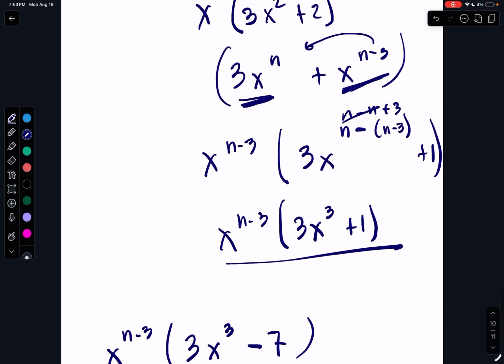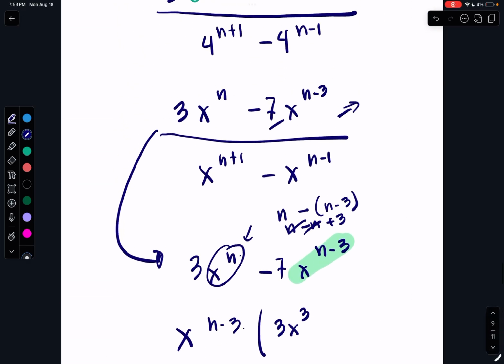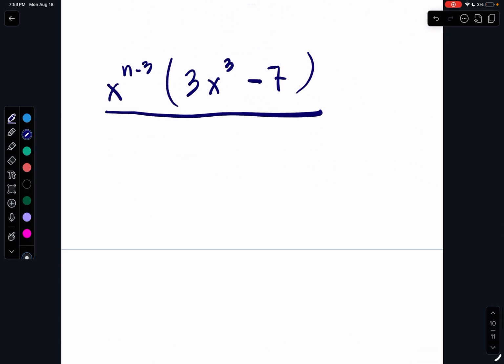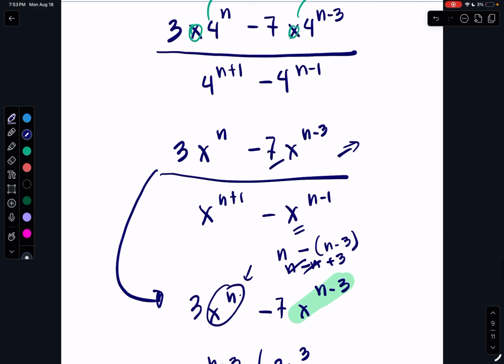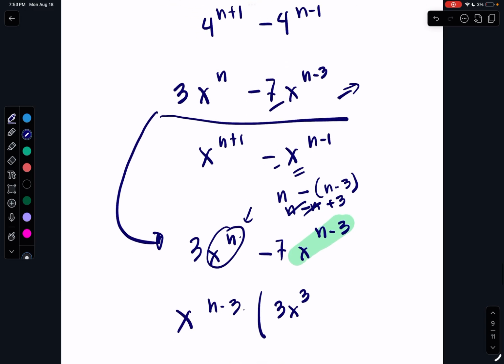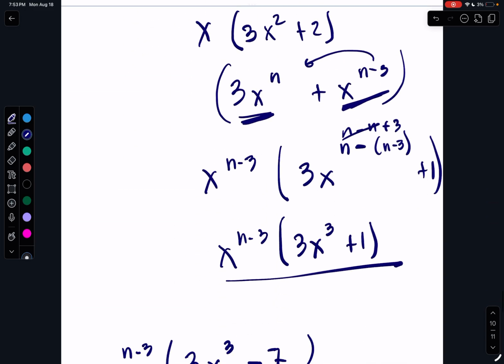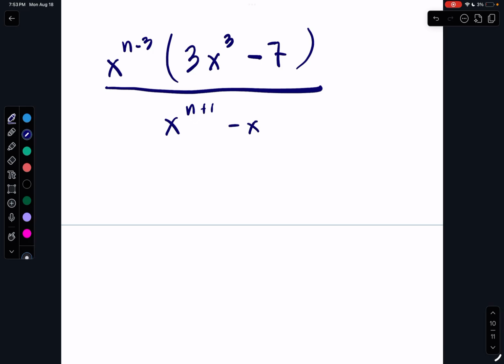Now for our denominator, the same thing, just like what we did. So we have x^(n+1), and then is that plus or minus? I can't remember. Minus, okay, x^(n-1).